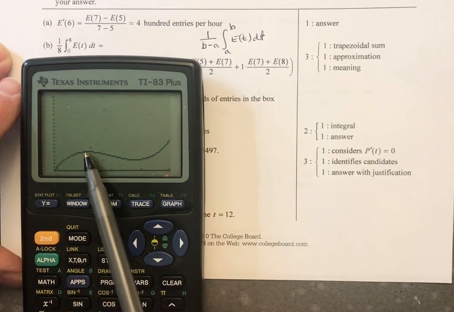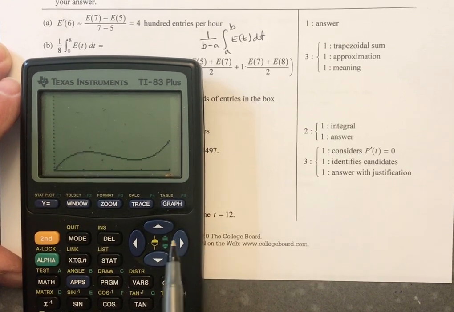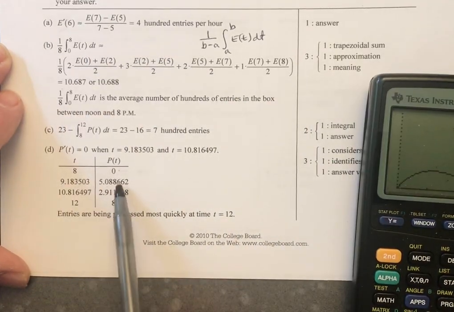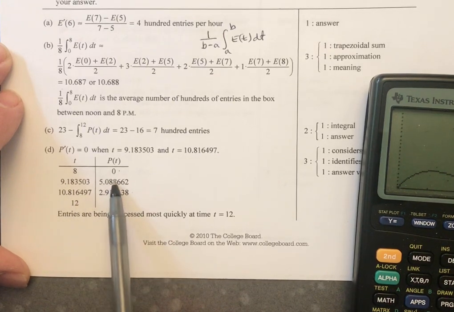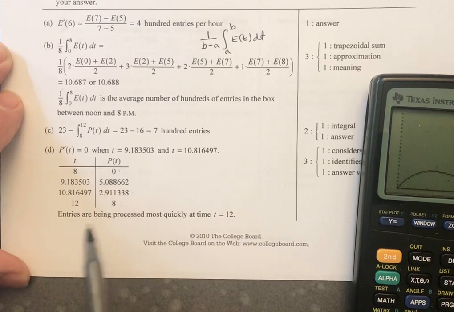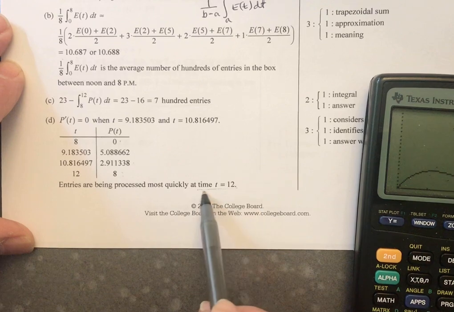The reason that we find the derivative is because this is a local max, this is a local min, and once again, those are candidates for absolutes. So these two values turn out to be a local max and a local min, but the absolute max turned out to be at 12.